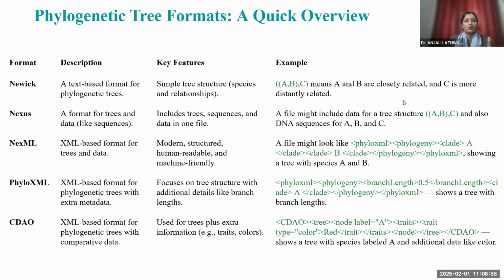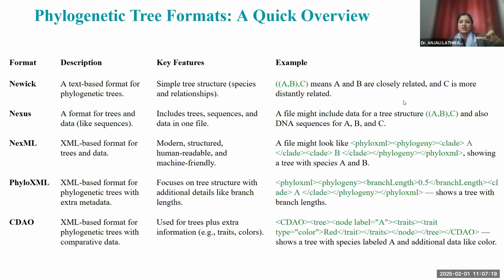In a very overview or summary sense, NXML and PhyloXML, both of these are very machine friendly. The only difference between them is that they also have some sort of metadata like branch length.